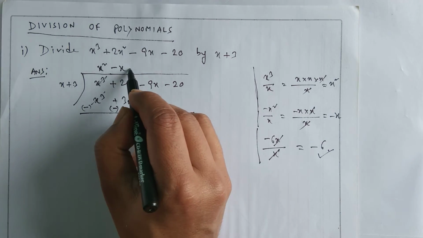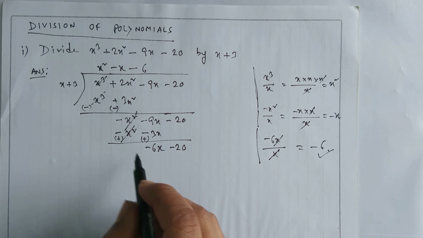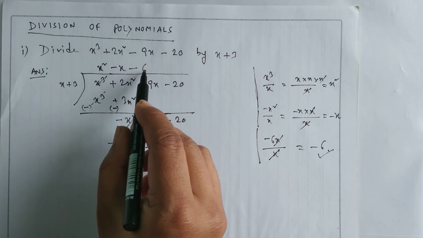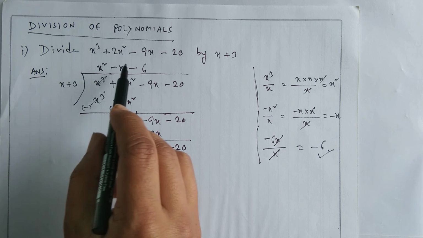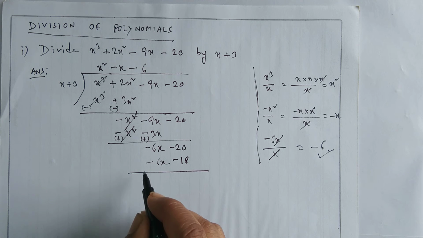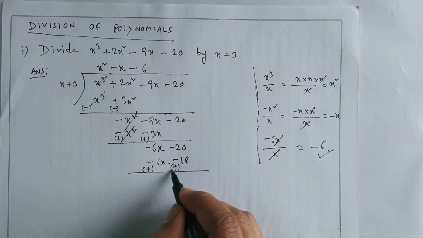Minus 6 times. So we have to write minus 6. Now plus minus minus, 6 into x is minus 6x, 6 will also be multiplied with 3, so plus minus minus, 3 sixes are minus 18. Now you have to do minus: minus of this minus will be plus, minus of this minus will also be plus.